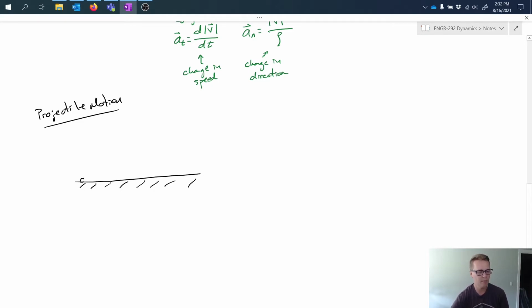I have some object. I'm going to give it some initial velocity at some orientation. And we know that if we do this, so imagine throwing a ball in the air, right? We know that it's going to travel up, stall out, and come back to Earth, right? And if you've taken any classes where this has been discussed before, you'll know that it's going to follow this parabolic curve, and you have some idea of what that looks like.